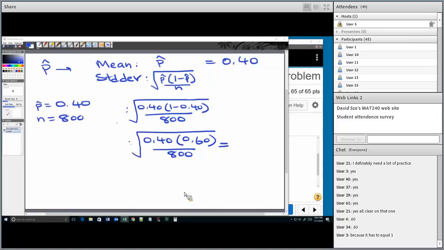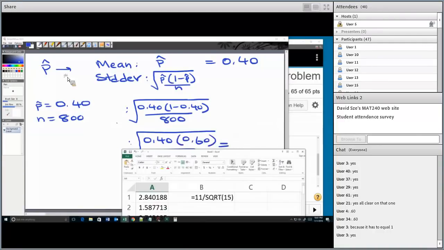Yes. Well, not because it has to equal 1, but because I said 1 minus 0.40. Oh, you mean the total. Yes, the total has to be 100%, right? The total has to be 100%. So we said 100% minus 40% is 60%. Okay. So now let's find this.